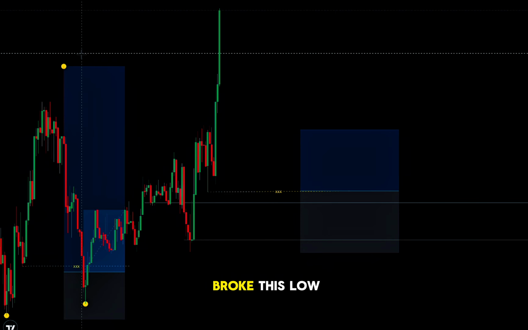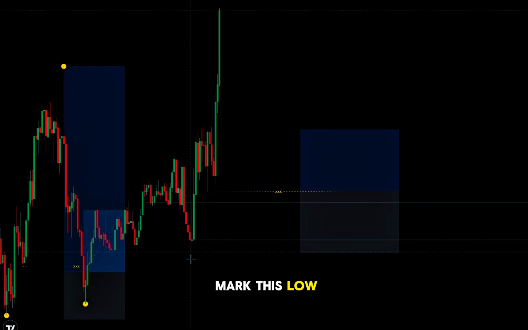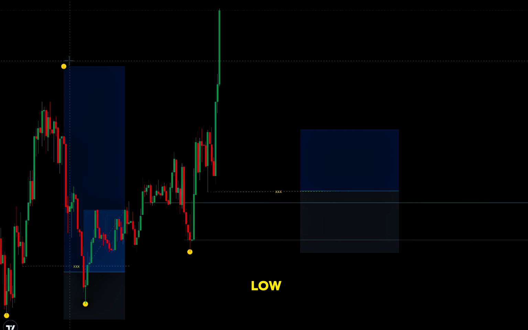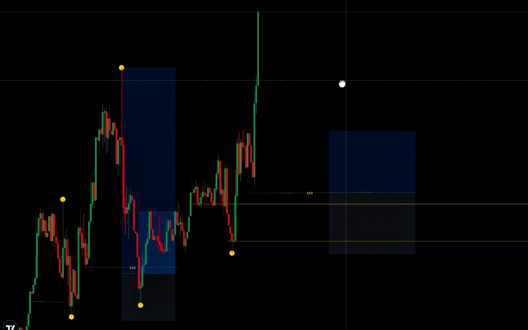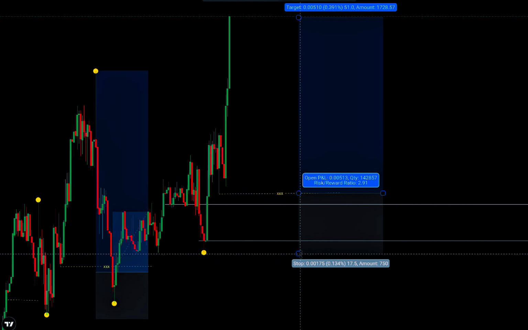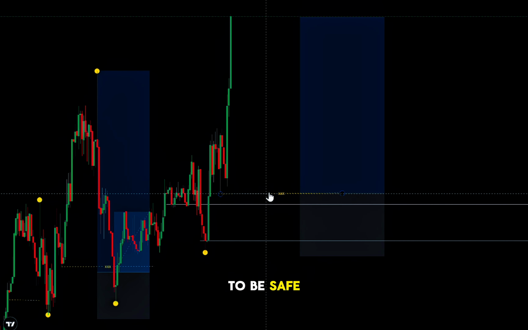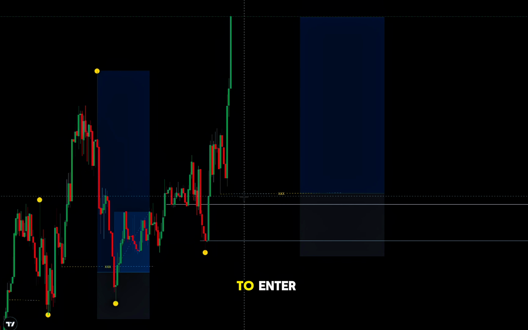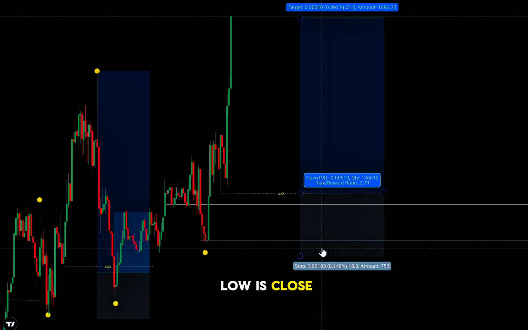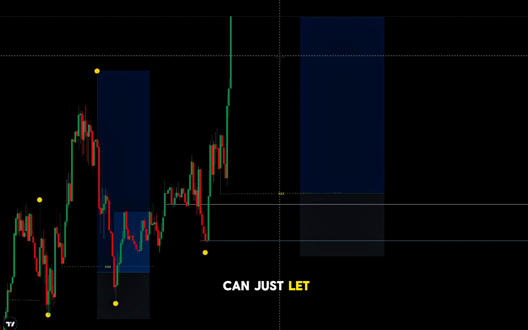And since we broke this low too, we have to mark this low as our major low. After it has broken it, we wait for price to come back into the liquidity zone, and then we put our stop just below this. To be safe, you can always use the liquidity to enter if this major low is close. This way it's okay, and you can just let it play.